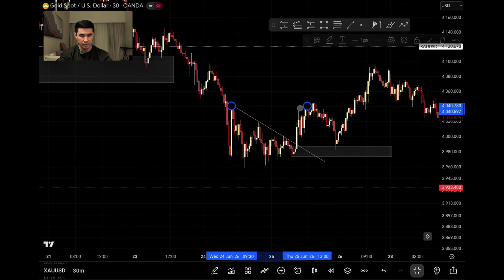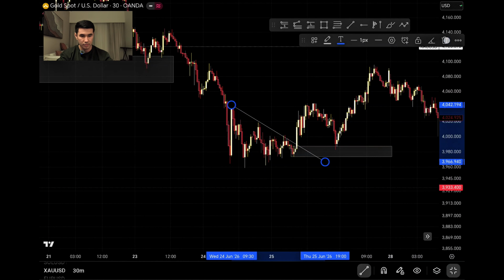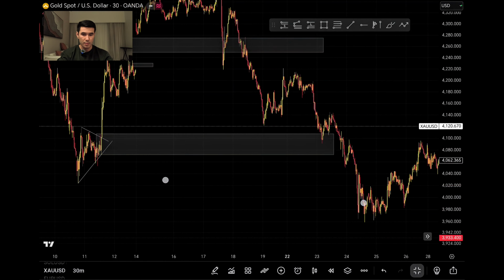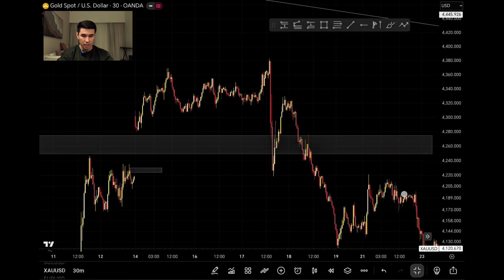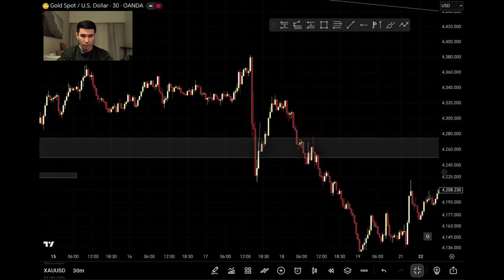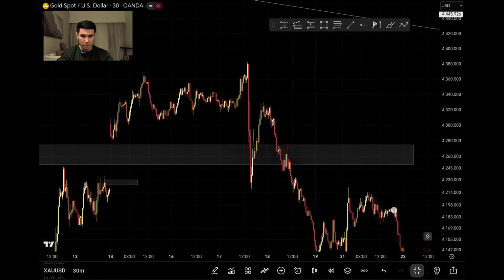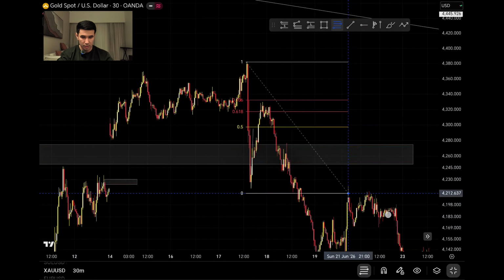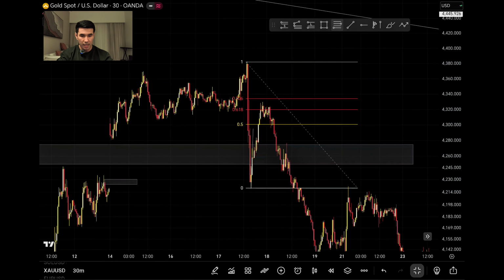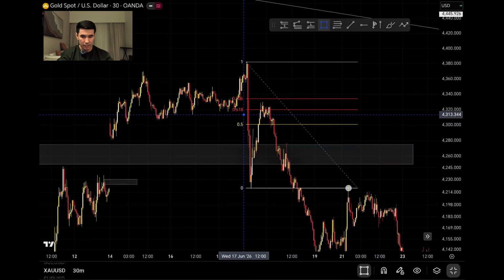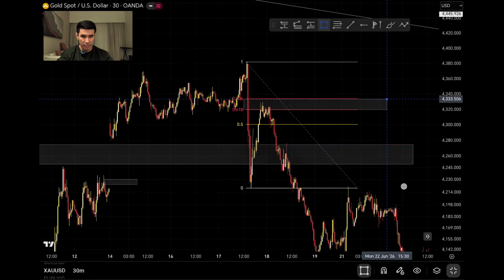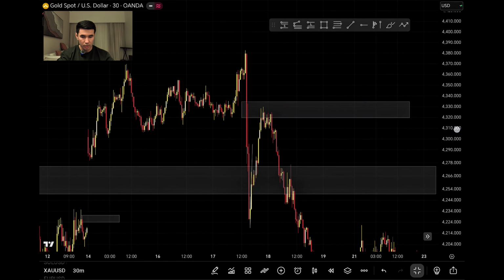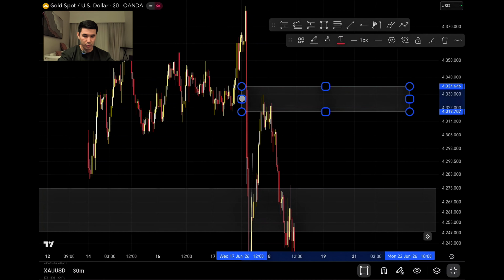So let me delete them. Okay guys, here we don't have an order block, that's the problem. For example, if we put this Fibonacci from the top to down and mark this golden zone of the Fibonacci, which is the top of this market, yes, there is no order block, but there is a support area.